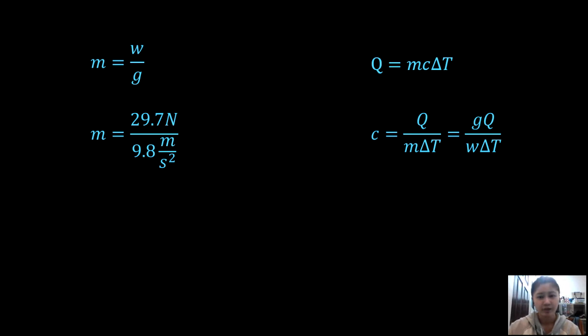So you would get gravity times Q divided by weight times the change in temperature. So far we have all the values that we need to plug into the equation.